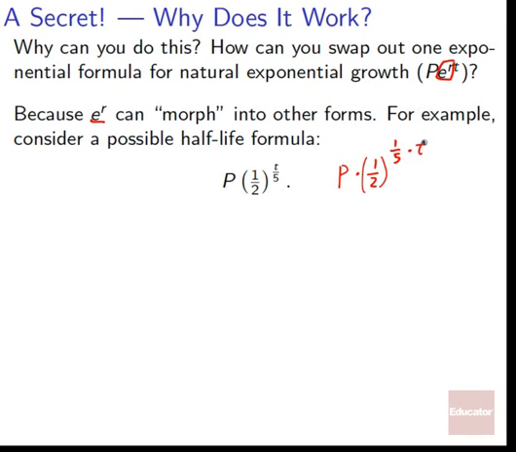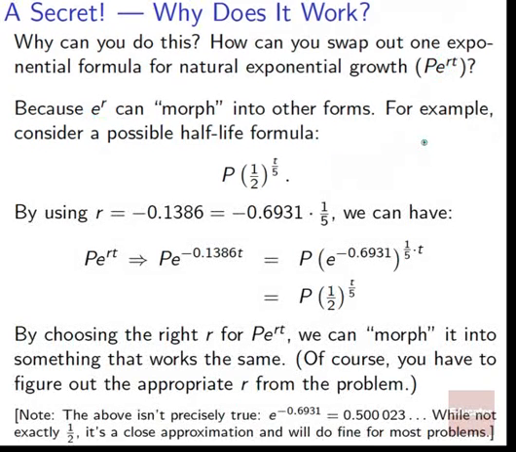So how can we get PERT to connect to this? Well, if we use this very specific r equals negative 0.1386, it also turns out that that's the same thing as negative 0.6931 times 1/5. So we can have our PERT form right here.